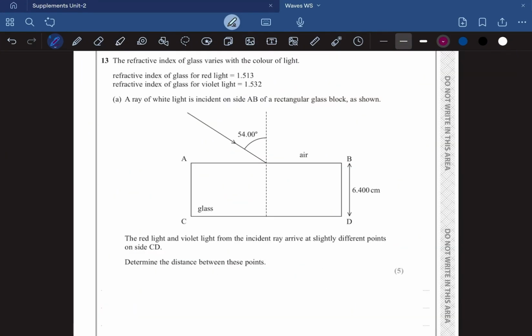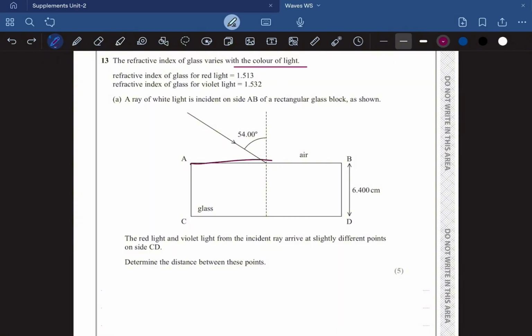Alright guys, so now let's have a look at this tricky question. It says the refractive index of glass varies with the color of light. So it will actually vary with the color of light that is passing from the air to the glass. Now it says a ray of light is incident on side AB of a rectangular glass box.